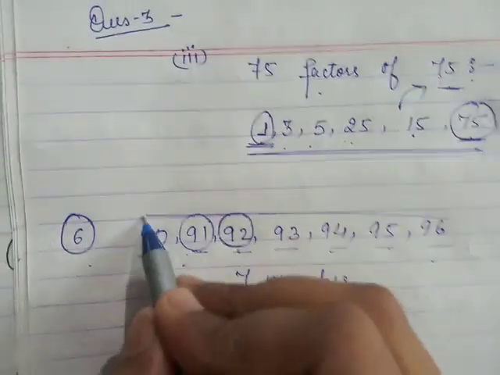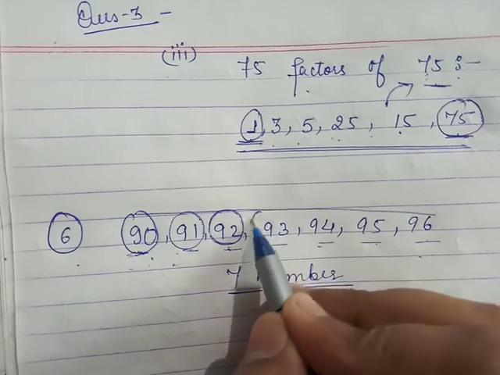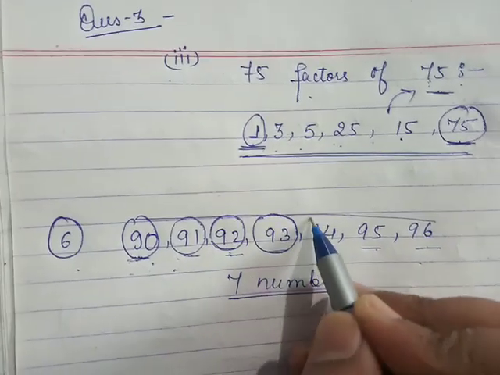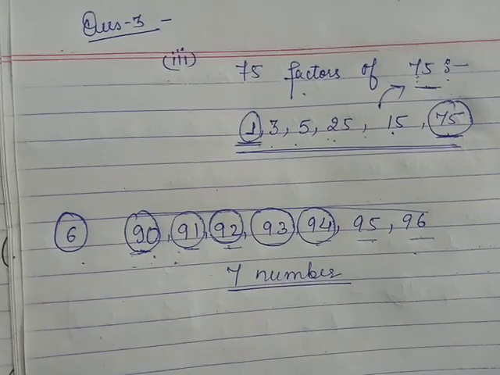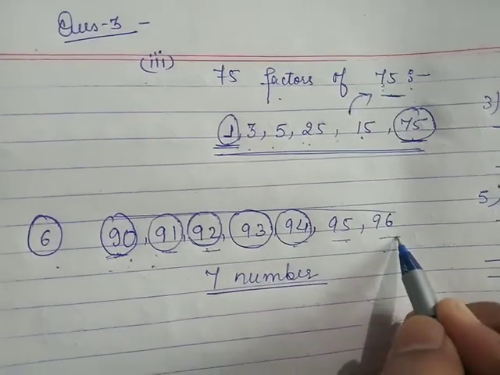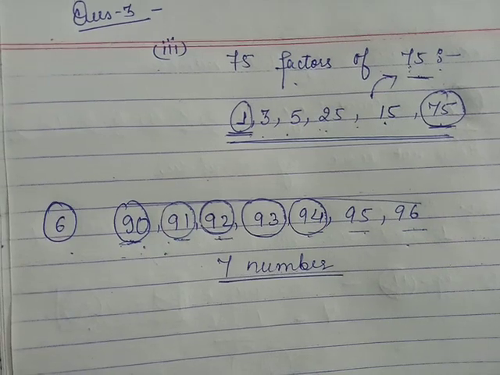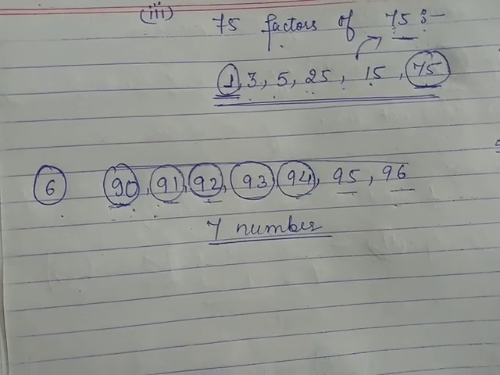So basically all these numbers have other numbers as a factor because they are not prime. Okay, so you can see that all these are divisible by other numbers. So this is the answer of question number 6.